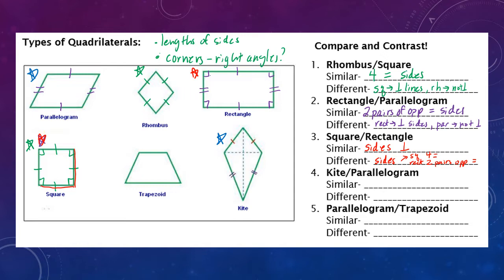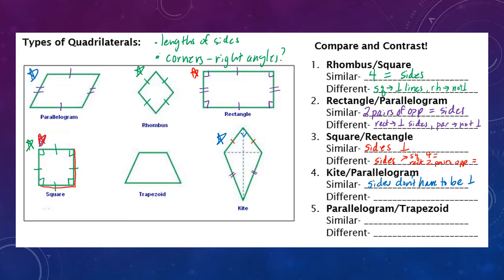And in the kite over here, it's also not going to have right angles. So I'm going to write that the sides don't have to be perpendicular. The reason I'm saying it that way instead of just saying that they're not is because in a kite, it would be possible for you to have a right angle, like maybe up here. That's a possibility, but it's not a guarantee. It doesn't have to be that way.